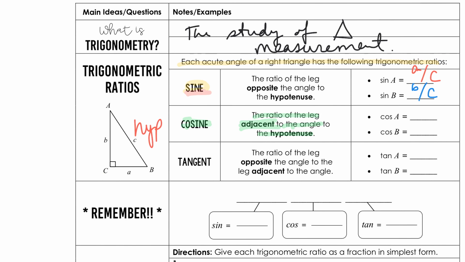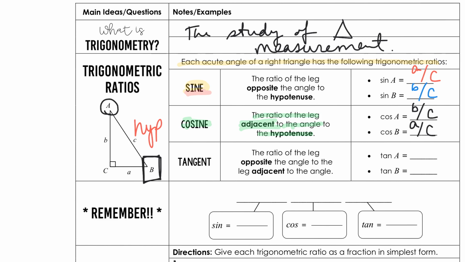So here, if we're looking at the cosine of A, here's A, so the cosine would be adjacent B over hypotenuse C. So then if we wanted to look at the cosine of B, we're going to say A over C. And lastly, the tangent ratio.